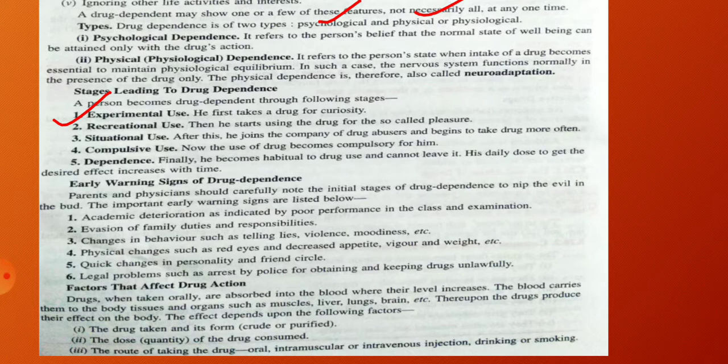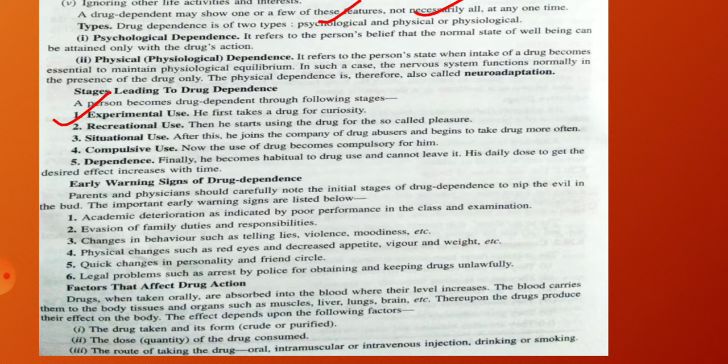Then comes the second, that is evasion of family duties and responsibilities. He could not complete his duties or responsibilities. Then comes changes in behavior, such as telling lies, violence, moodiness, all those things. Then physical changes, such as red eyes, decreased appetite, vigor, and weight.